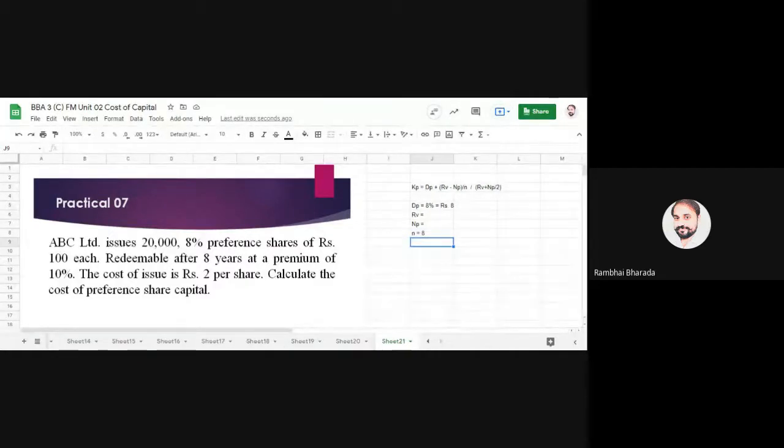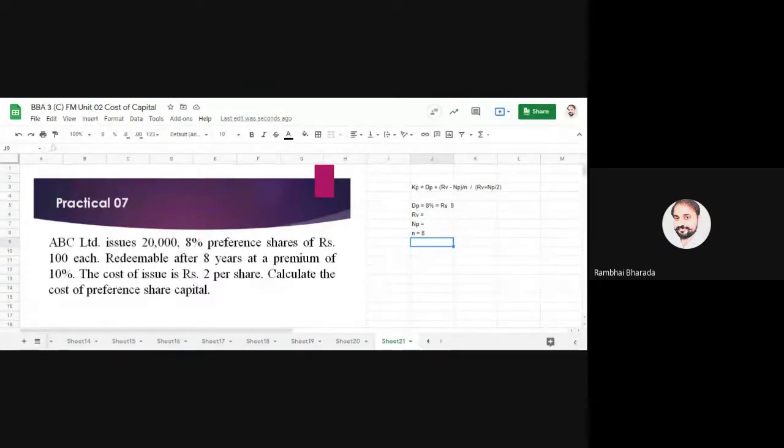But at the time of redemption, it is redeemable after 8 years at a premium of 10%. So whenever there is any premium or discount after the word redemption of number of years, this is applicable to RB.